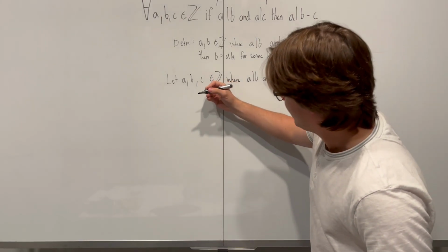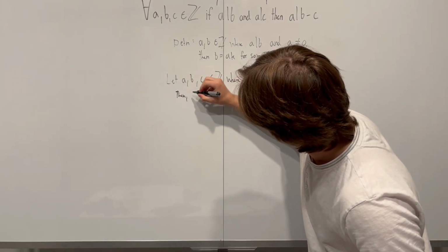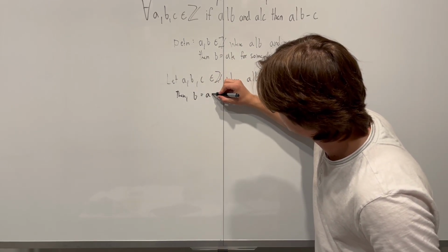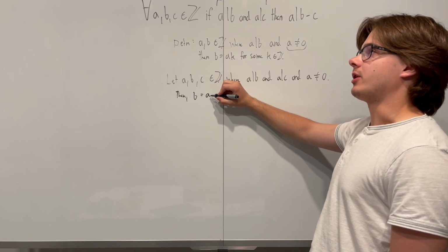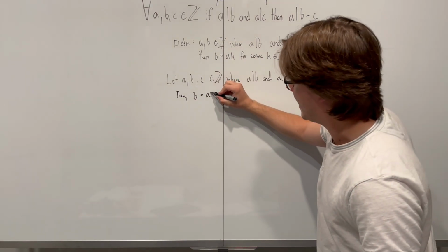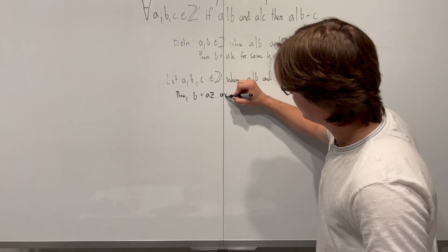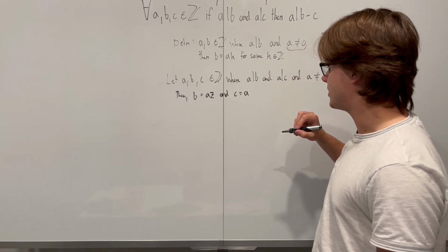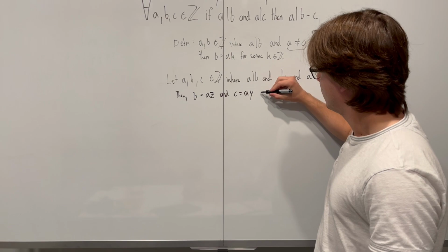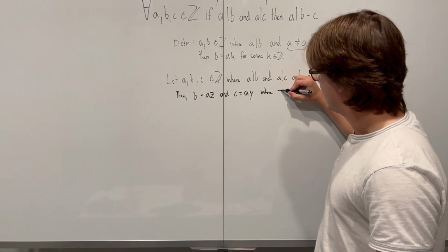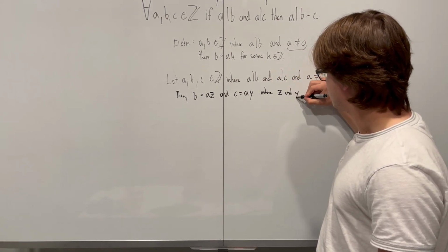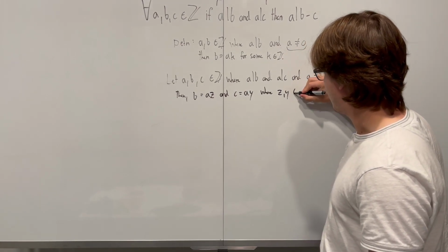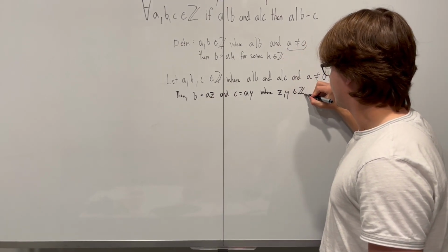So we then say, then b is equal to a times, let's use z, and c is equal to a times, not z, let's use y, where z, y are integers.